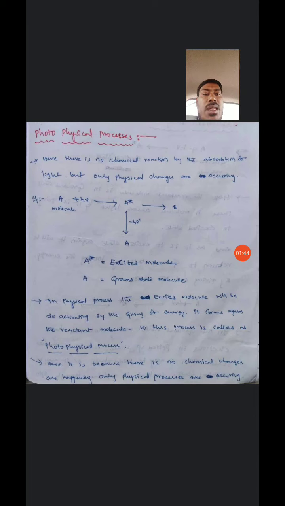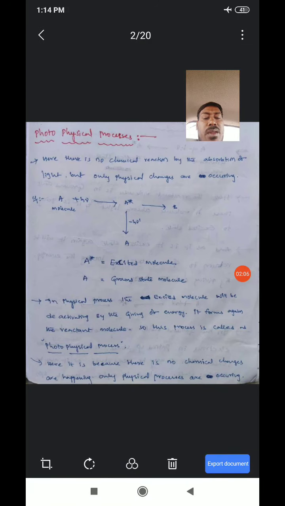For example, here A is a reactant molecule. It absorbs the light energy and goes to the excited state, and this excited state molecule will be deactivated by giving out energy, and it forms the reactant molecule again.